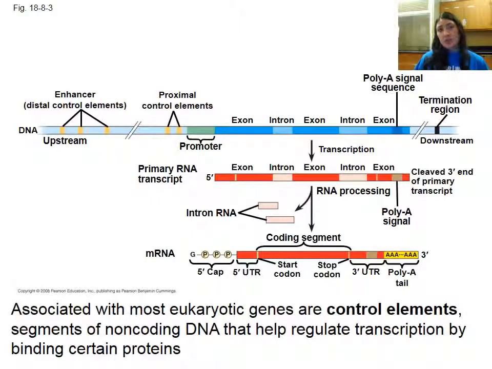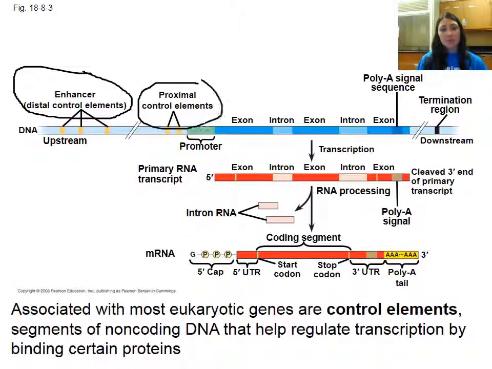Besides using transcription factors and polymerases to get at that gene of interest and the protein product, your eukaryotic genes also have control elements, which are segments of non-coding DNA, which help to regulate transcription by binding certain proteins. So here we can see upstream of your gene of interest are enhancer control elements, and these are represented by gold. So these help transcription factors to bind, as well as your proximal control elements.